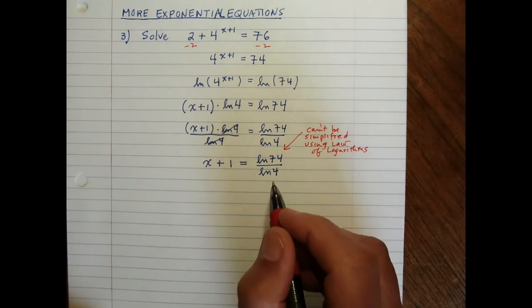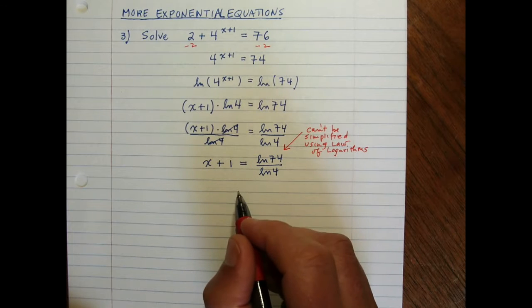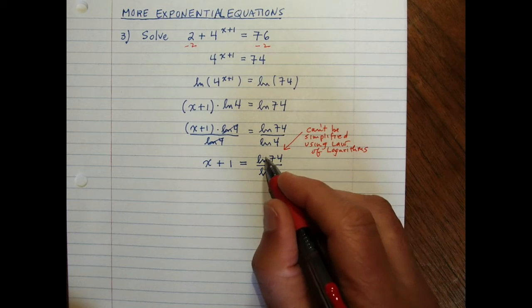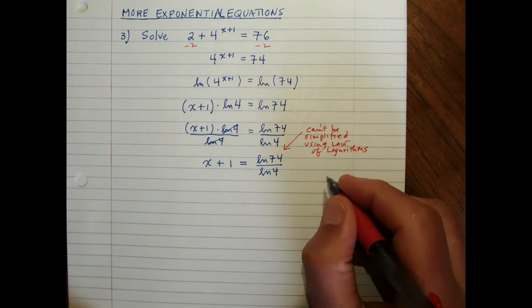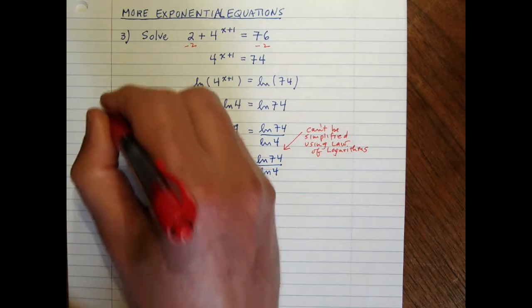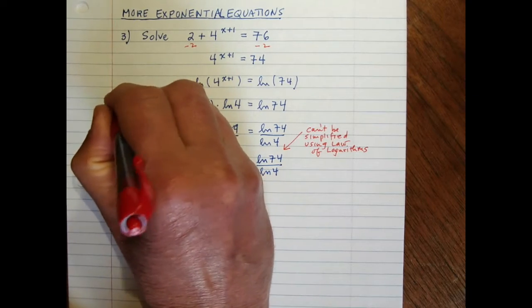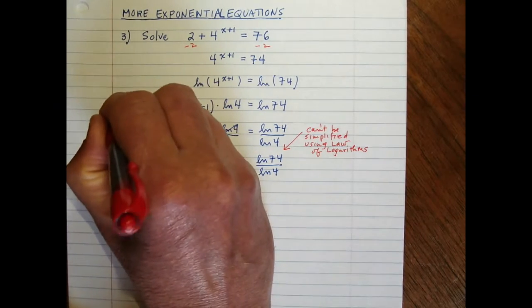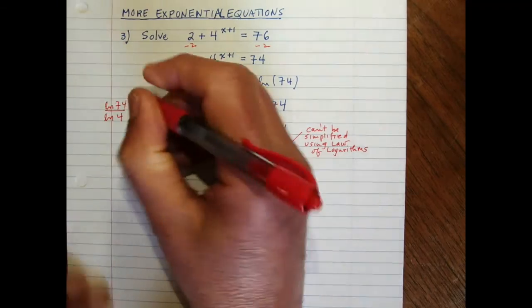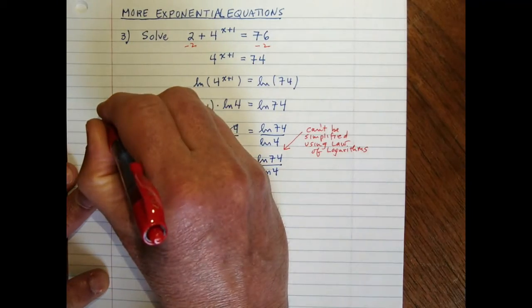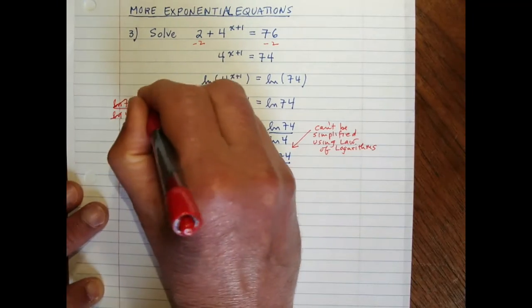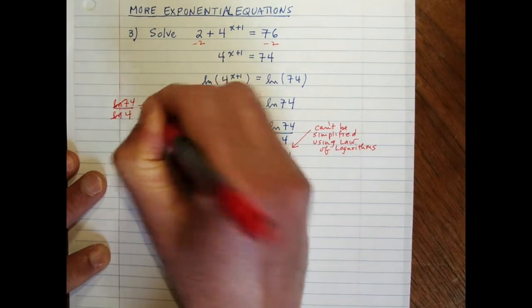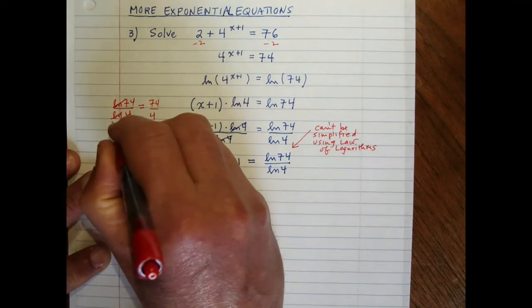Also, maybe here's a good point to talk about things sometimes people are tempted to do. Sometimes people are tempted to cross out ln, like doesn't ln cancel above and below? In ln of 74 over ln of 4, if you're tempted to just cross out the ln and say 74 over 4, that's crazy.